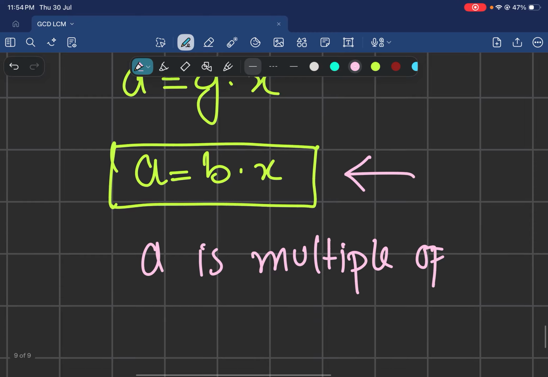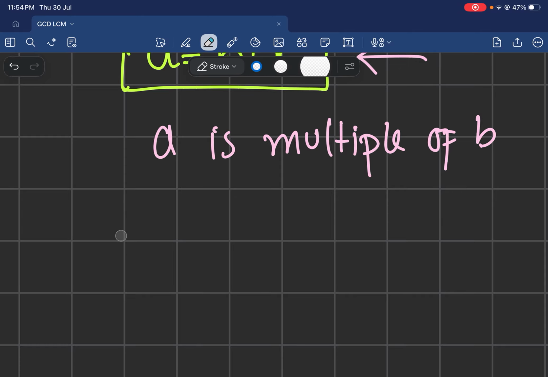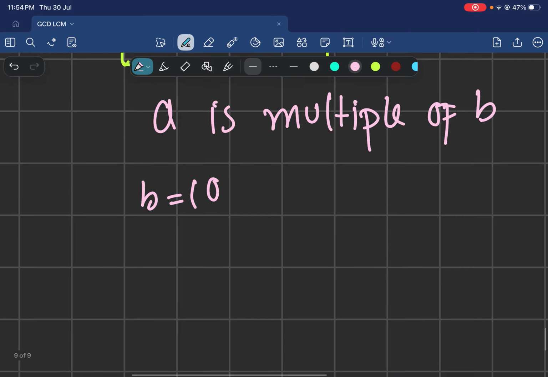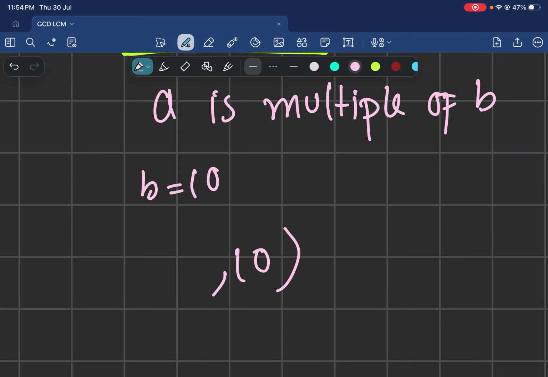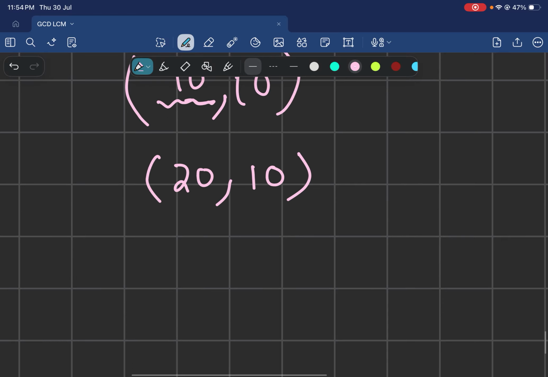Which means if I choose, let's say, B is equal to 10, then the value of A must be a multiple of B. So it can be 10, and then it can be 20, okay, and then it can be 30.